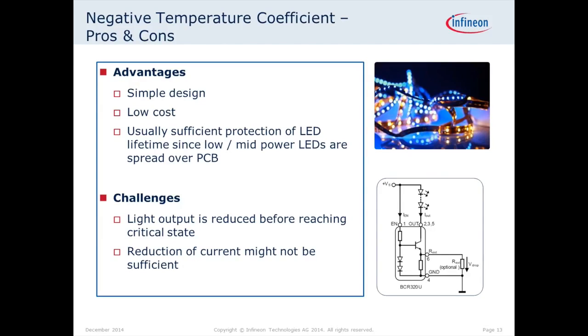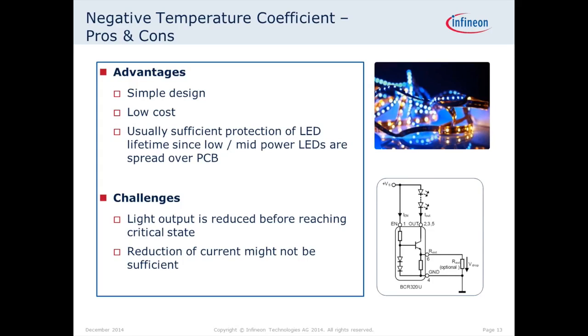And in some cases, the reduction of the current might not be sufficient. Think about under cabinet lights. I mentioned that LEDs are usually spread, but sometimes customers want to put the LEDs quite close to each other to get higher light density, basically higher light output.